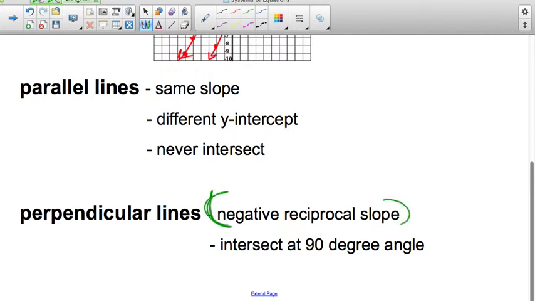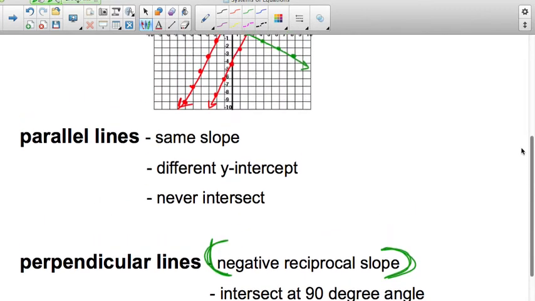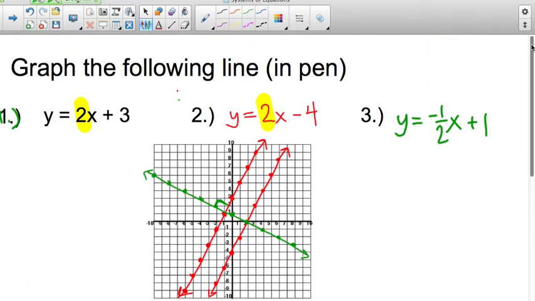Negative reciprocal slope. Okay? Let's go up to our 3 lines and look at the slope. For the first 2 lines, the slope was the same, right? Yep. The slope was 2 over 1. The slope of this line is negative 1/2.